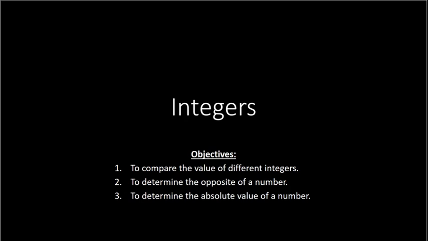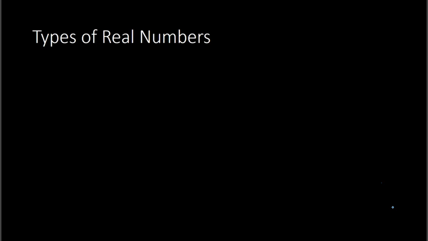Now, as we begin, let us first discuss different types of numbers that we have learned about in the past. First off, we have what are called natural numbers. Natural numbers are the numbers you learn as a little child. When you learn to count, you learn 1, 2, 3, 4, etc. Those are considered natural numbers.